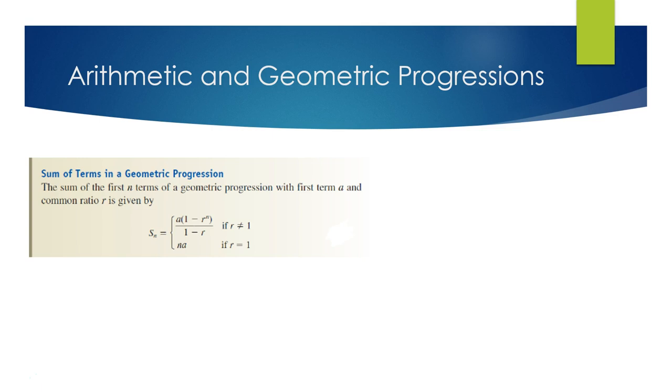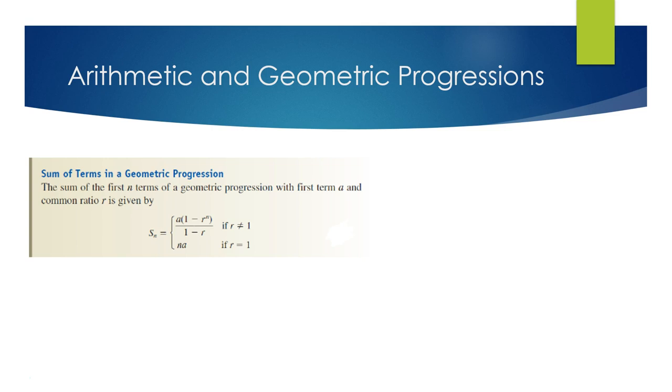So the circumstance we look at is if r is not equal to 1, meaning the common ratio is not 1. I use the formula a times 1 minus r to the n power, all over 1 minus r, to calculate the sum of that geometric sequence. If r happens to be 1, it just becomes n times a, because I'm going to have a sequence of all the same number.